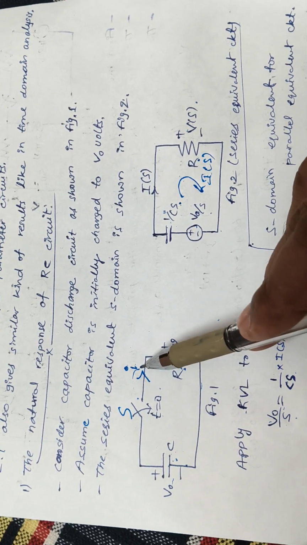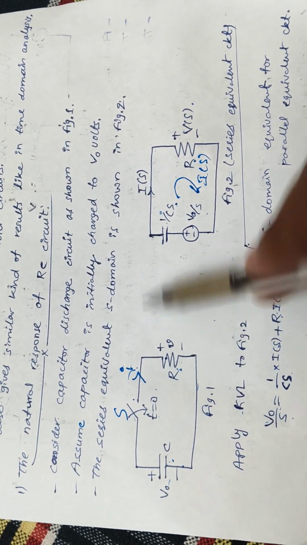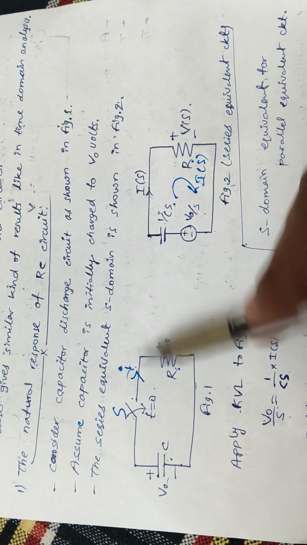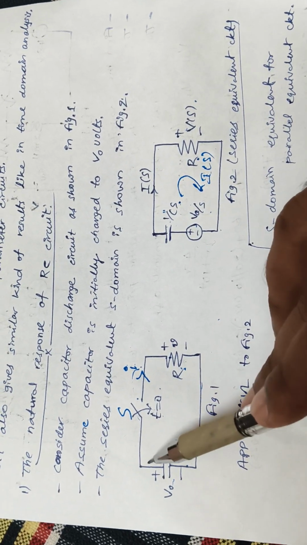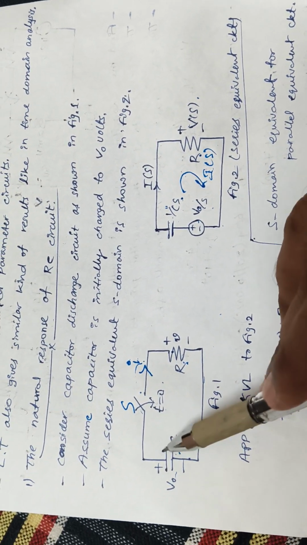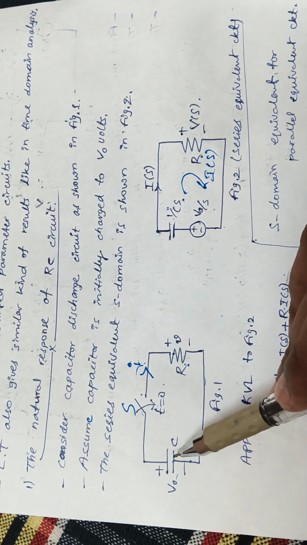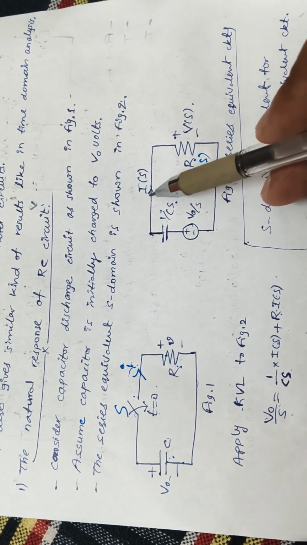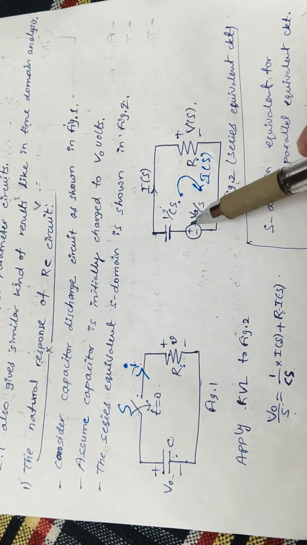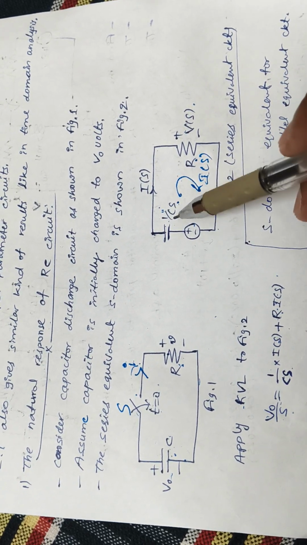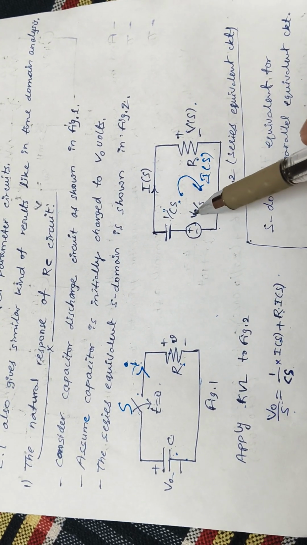When the switch is closed, convert that time domain circuit into the S domain circuit. We have already seen the capacitance representation in series form. How do we convert this capacitance into the S domain? C will become 1 by Cs. In series with that 1 by Cs impedance, a voltage source V0 by S is connected.